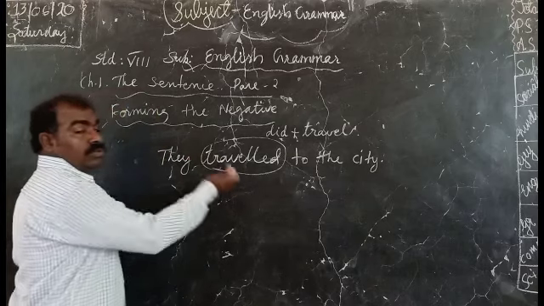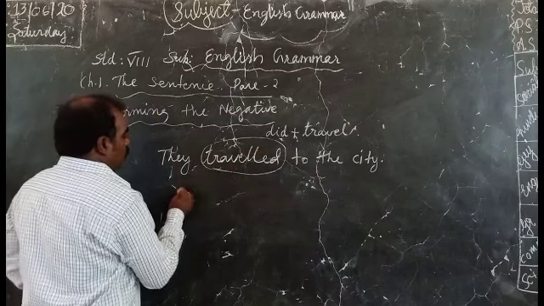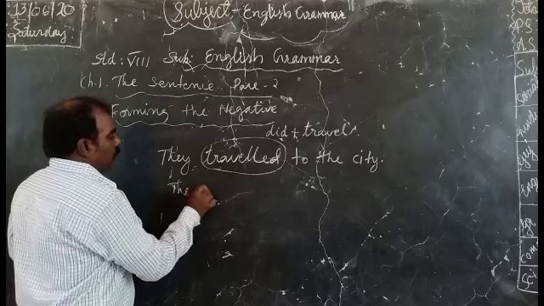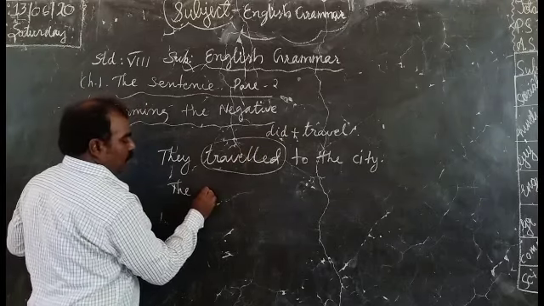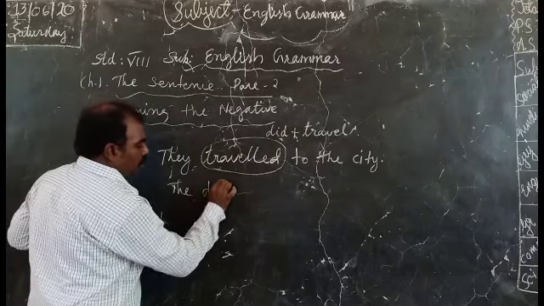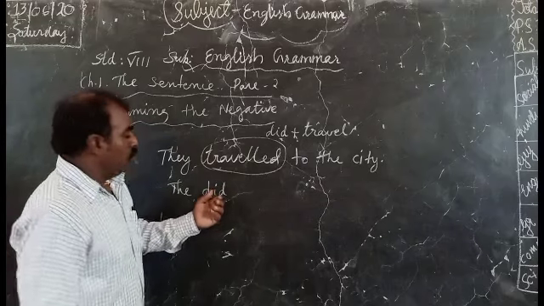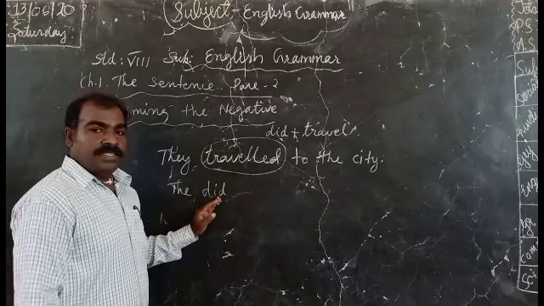Now it's very easy to make negative. They, then the auxiliary word did, and you know we have to add the negative after the auxiliary verb.